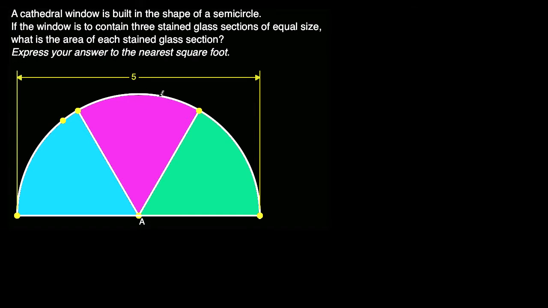Well, we have a semicircle, and the diameter of the circle for that semicircle is 5. So the radius of that circle is 2.5, or 5 halves, right?